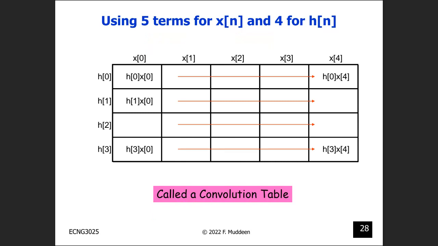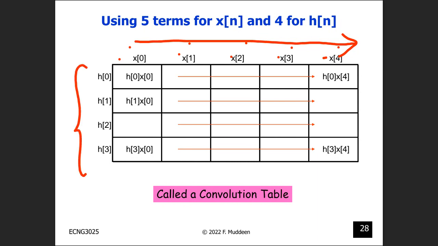I put the X's across the top of the table, starting with X0, X1, X2, X3, in this case X4. So the columns are X0, X1, X2, X3, X4, up to however many values we have in X. And the rows are H0, H1, H2, H3. Notice that I'm starting at 0 here and incrementing in this way. Okay, so X and H.